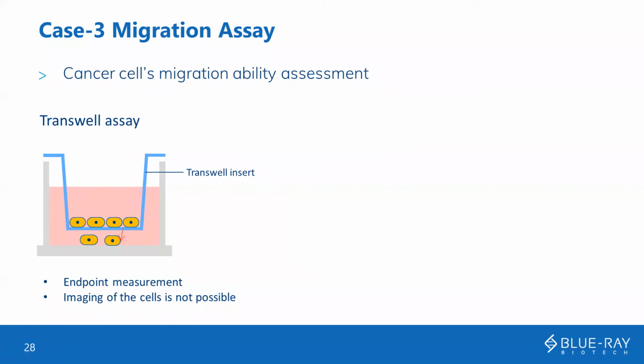And case 3 is very interesting. This comes from our friend Dr. Chi. Dr. Chi's research is going to be published, and it is about the results of migration assay experiments. But the principle is as follows. He does the transwell assay, which is a kind of commercial kit.